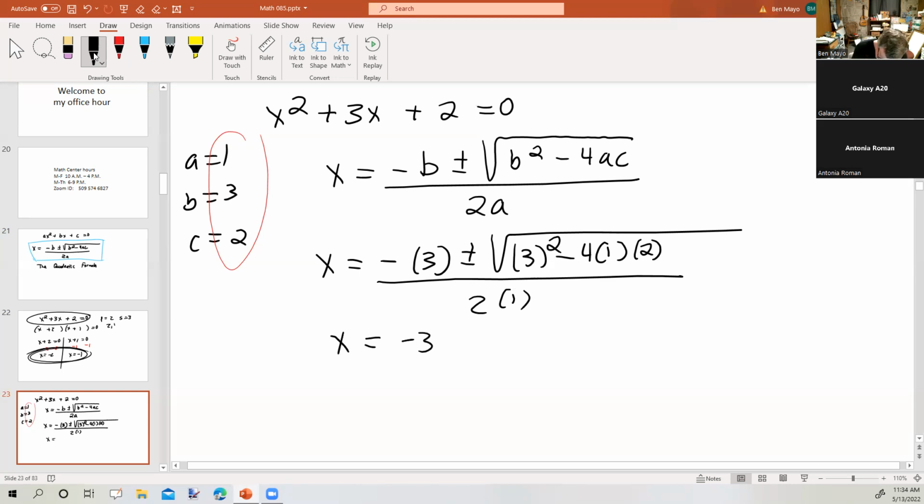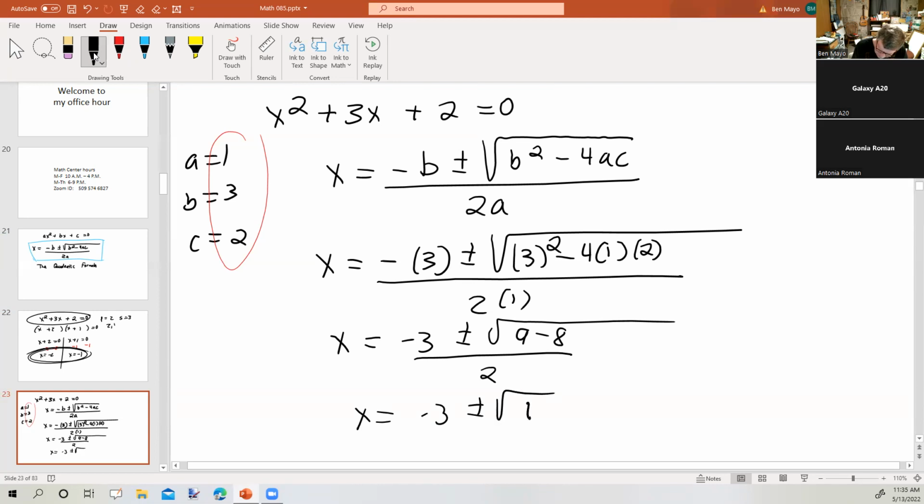Now it's a matter of simplifying. X equals negative 3 plus or minus the square root of 3 squared is 9, minus 4 times 1 times 2 is 9 minus 8, all over 2. X equals negative 3 plus or minus the square root of 9 minus 8 is 1, all over 2. X equals negative 3 plus or minus, well, the square root of 1 is 1, all over 2.